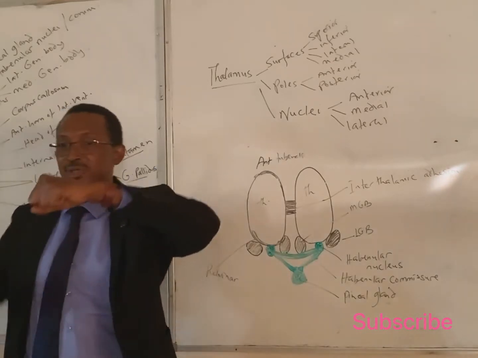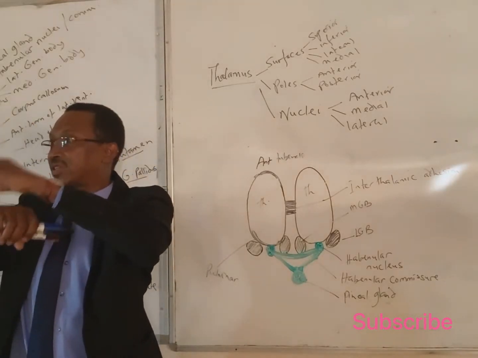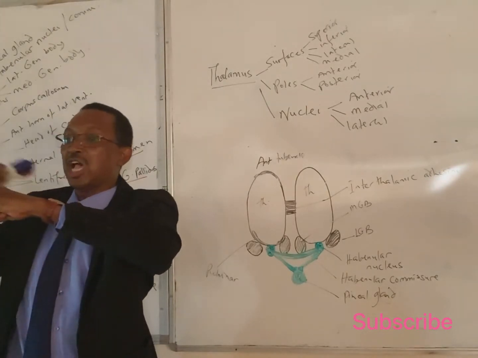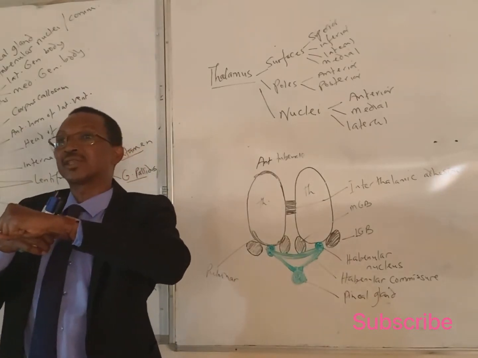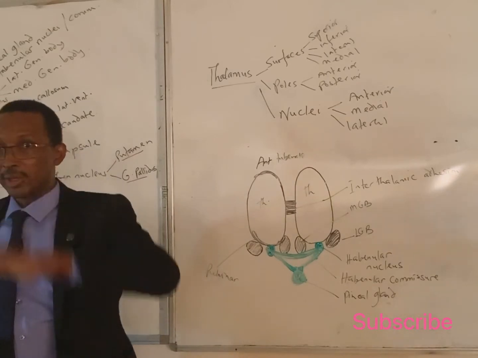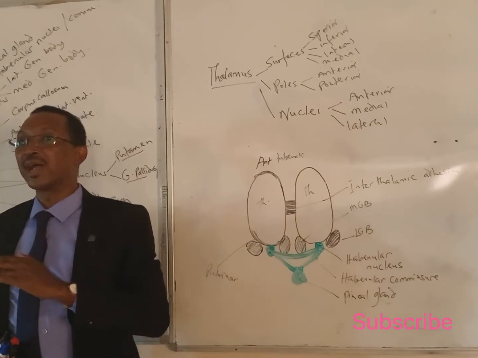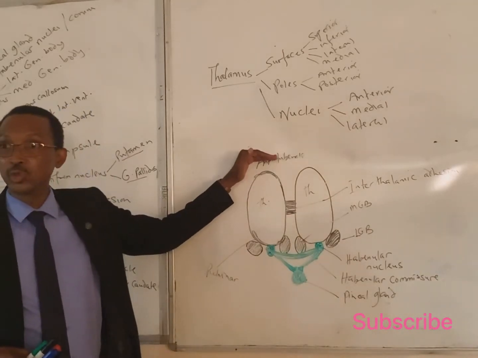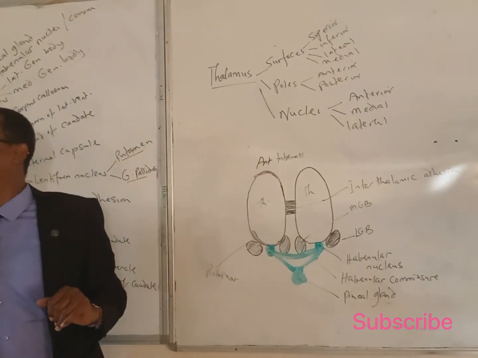If this is the thalamus, it has a superior surface, it has an inferior surface. If this is the lateral side, it has a lateral surface. If it is the midline, it has a medial surface. So it has four surfaces: superior, inferior, lateral, and medial. Are you clear? It has two poles or two ends. Anterior end, known as the anterior tubercle, and posterior end or pole, known as the pulvinar.